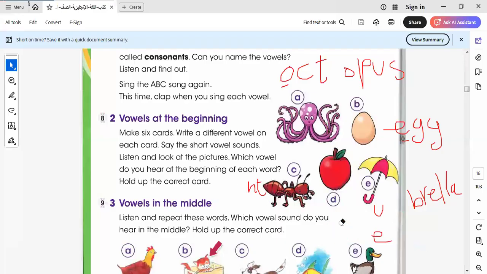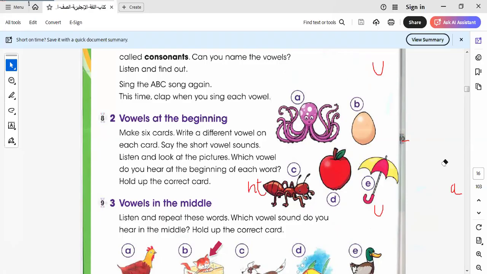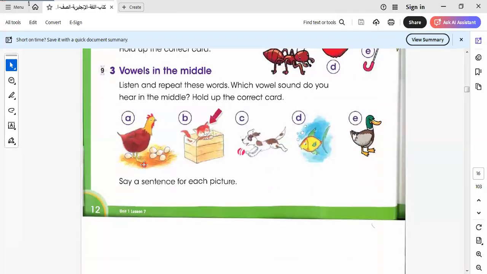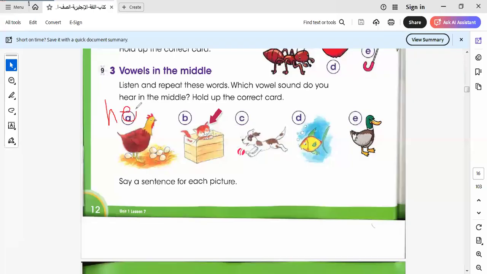Let's go to another item here. Here are the vowels in the middle. Here is, say, a sentence for each picture. Here is a hen, so I write hen. Where is the vowel here? The vowel is in the middle of the word. I can say the hen is inside.